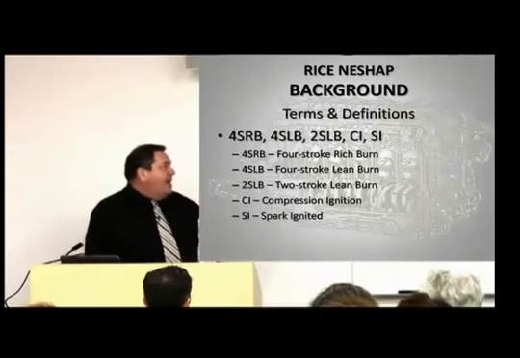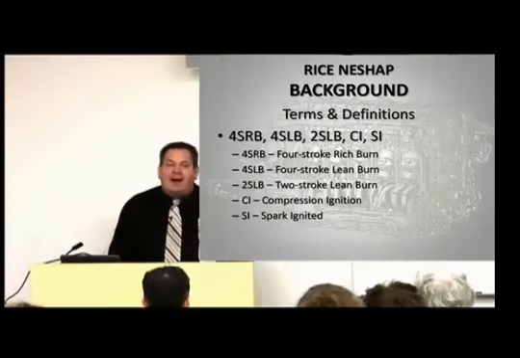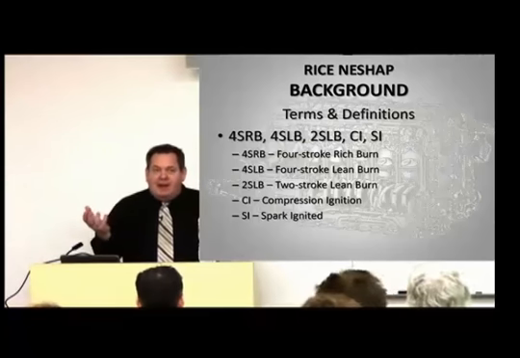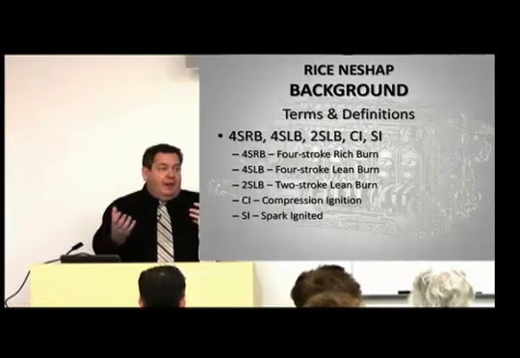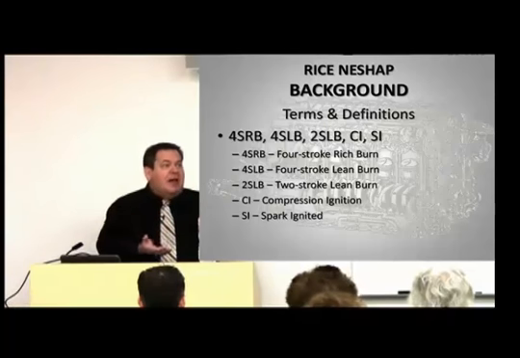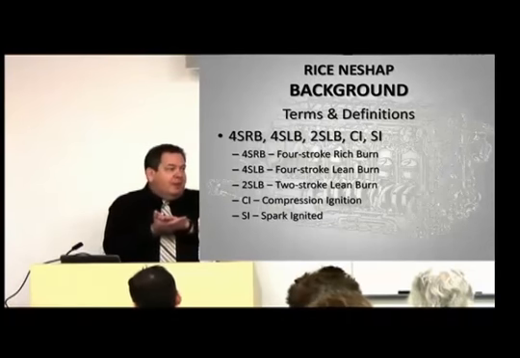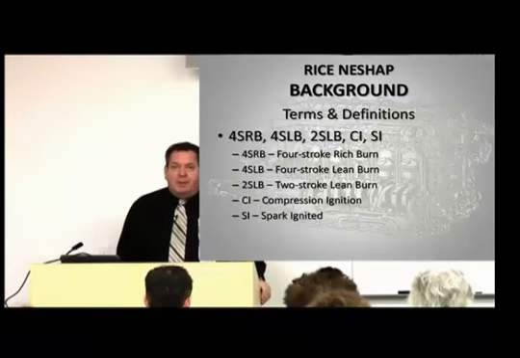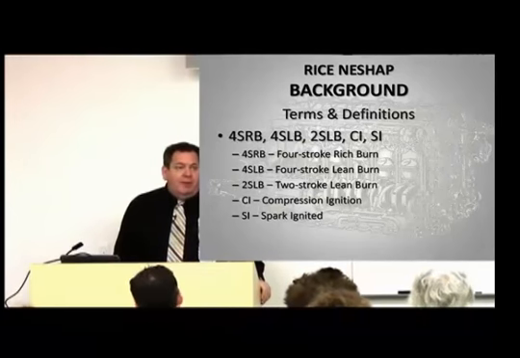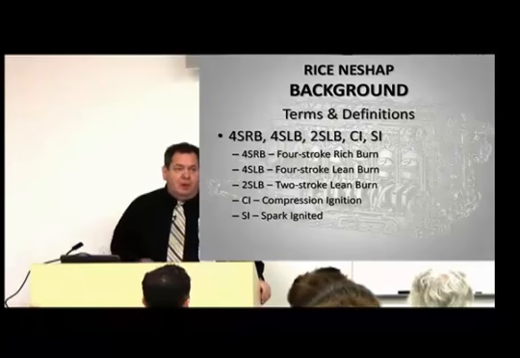Okay, so let's talk about compression ignited versus spark ignited engines. Definition of a compression ignited engine is that the sole source of the beginning of combustion is heat generated through compression. So right now we have ambient air, 78% nitrogen, 21% oxygen at about 14.5 pounds of pressure, atmospheric pressure.